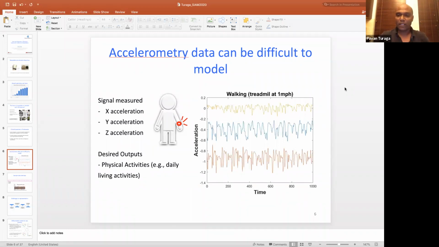So when we started working with accelerometers, about 3 or 4 years ago, the first thing we realized is you might think of data from an accelerometer as simply a time series, but it has interesting features and it has interesting dependencies on where you place it, how you place it, that makes analysis a little difficult.